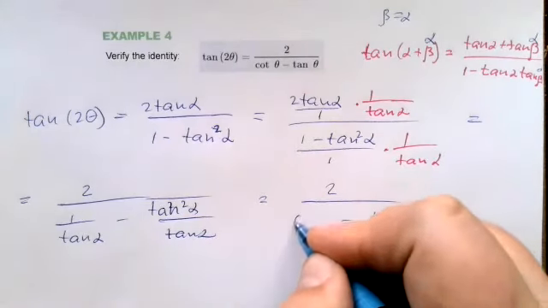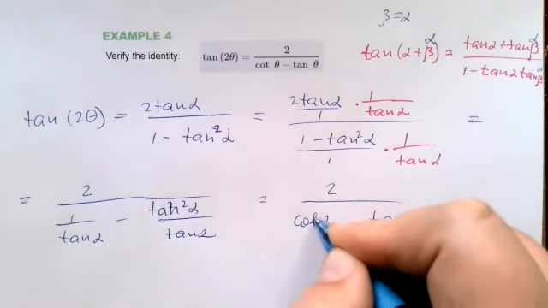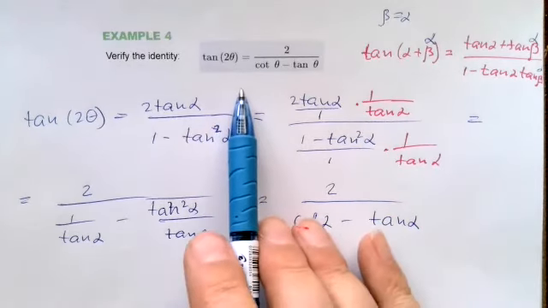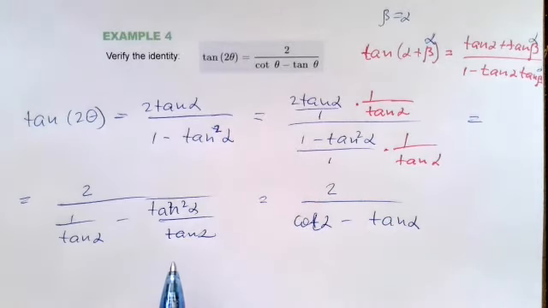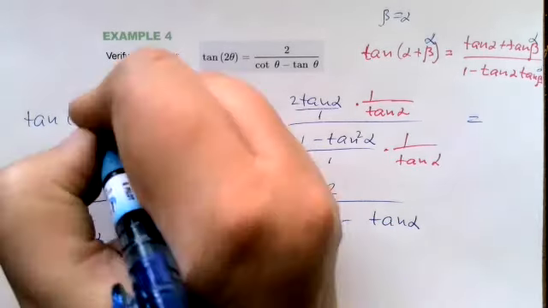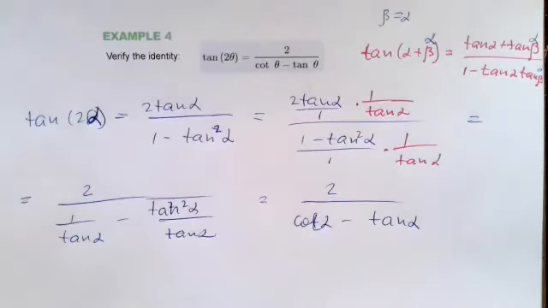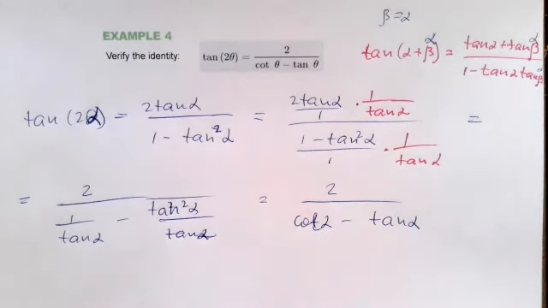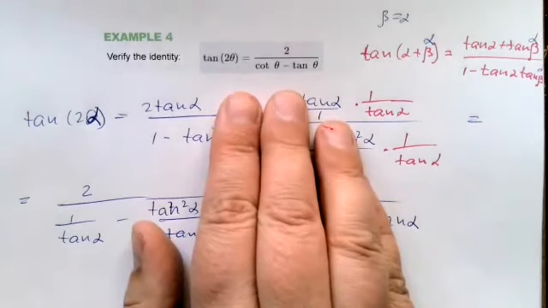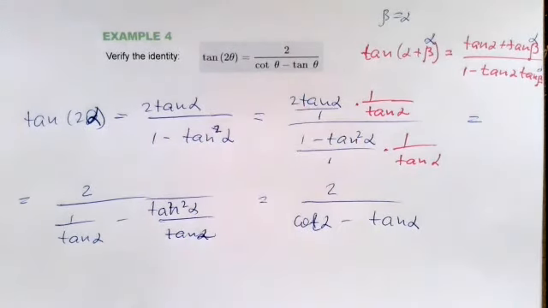And I keep on writing alpha, even though in our identity it's theta. But you got the idea, right? It's the same. It doesn't matter what the name of the angle is, if it follows this pattern. So we got another identity for tangent of 2 theta that we can now use.